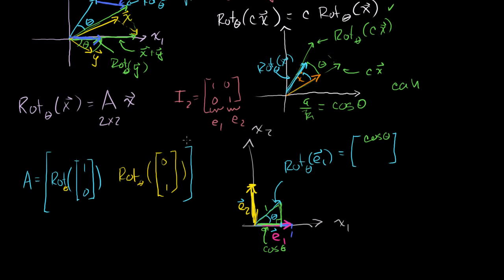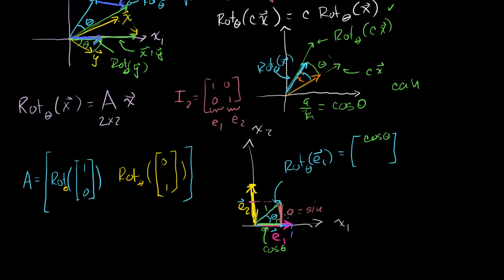Now, what's its vertical component going to be? Well, its vertical component is going to be this height right here, which is the same thing as that height right there. Or we could say sine of theta, and we call this the opposite. Sine of theta is equal to the opposite over 1. So this is going to be equal to sine of theta, right?